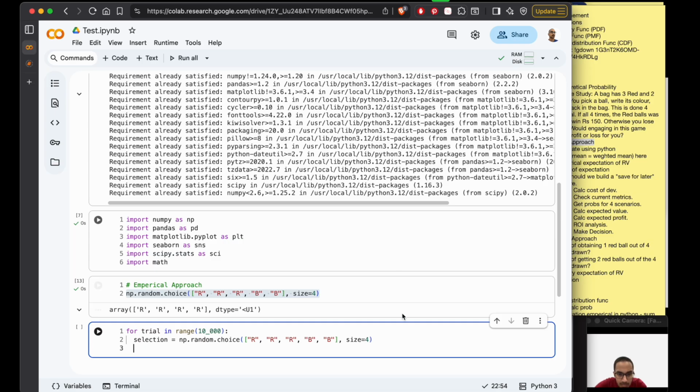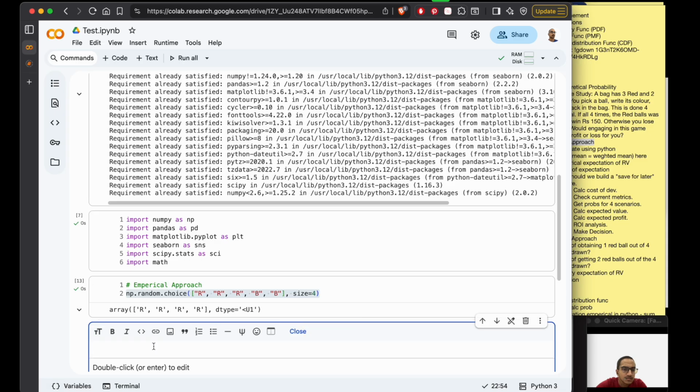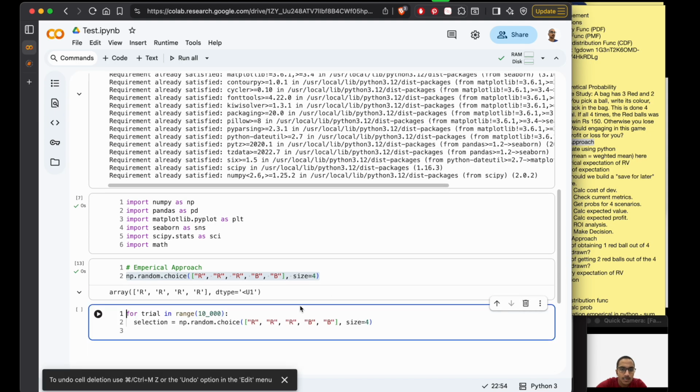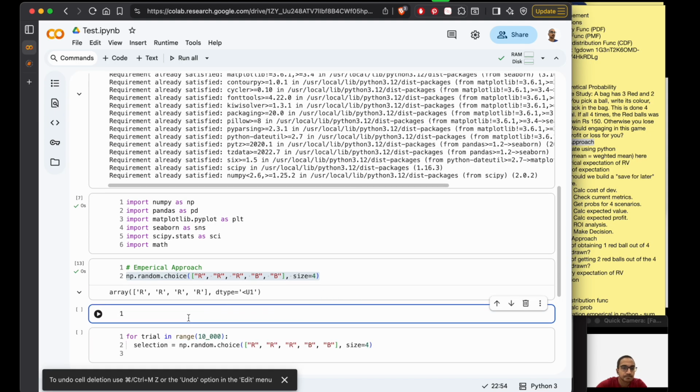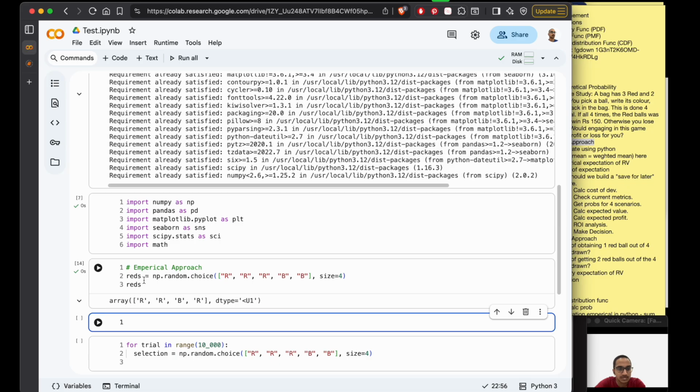The way we can store the number of reds: I'll store reds equal to, we'll see how many reds we got. We got 3 reds. So how do we capture this?